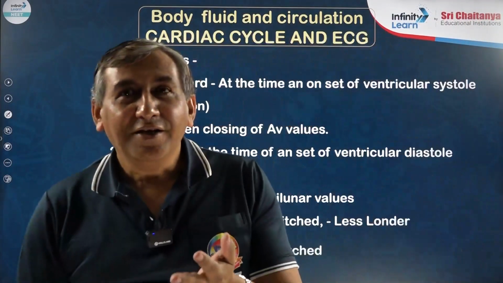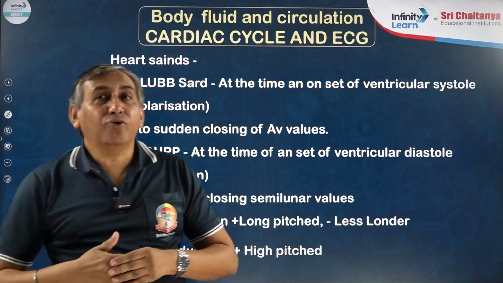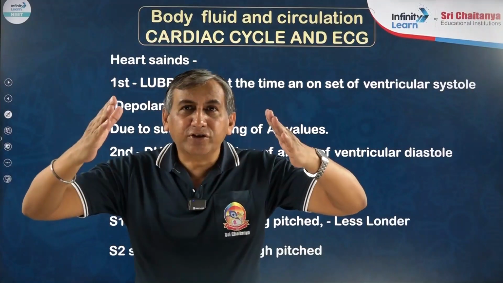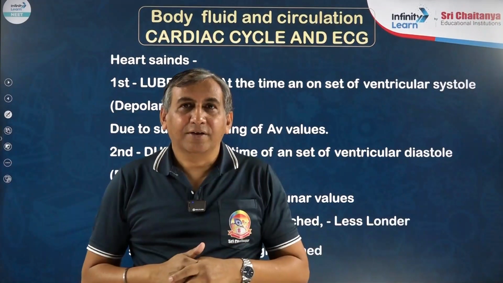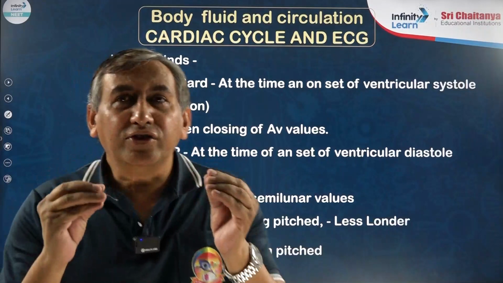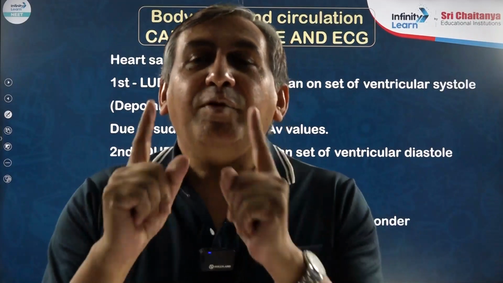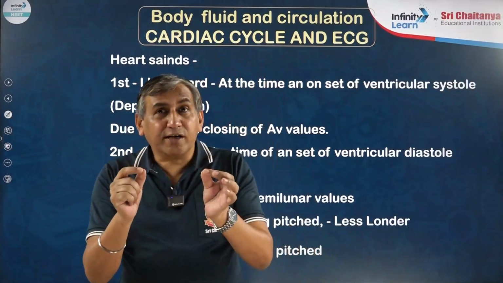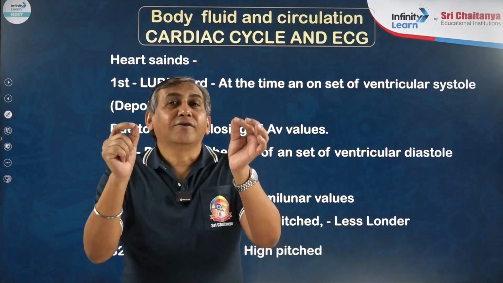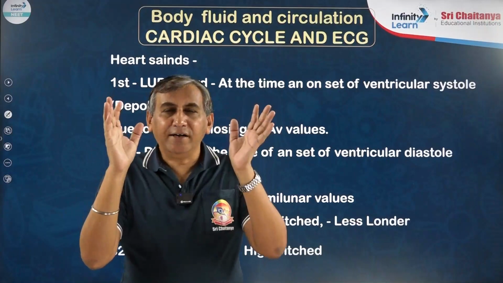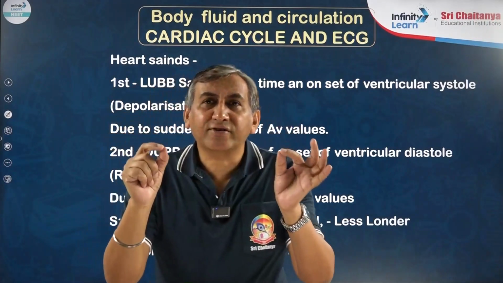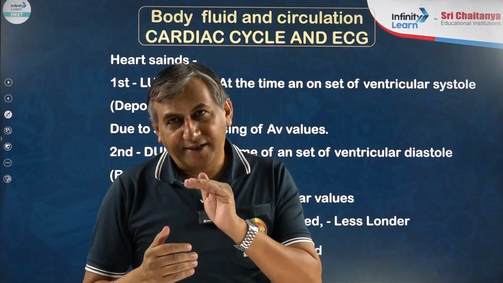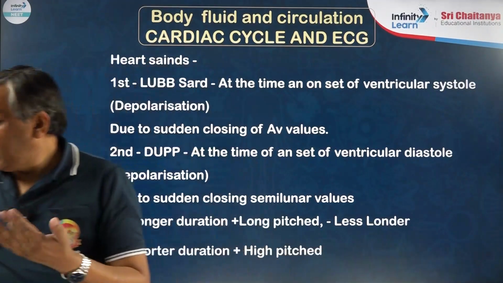That is not possible. So just to prevent the backflow of blood between ventricle and atria, there is sudden closing of the AV valves. When there is sudden closing of the AV valves, it produces the first heart sound, the lub, at the time of onset of ventricular systole. Getting? At the time of onset of ventricular diastole, that is the second heart sound, known as the dub.